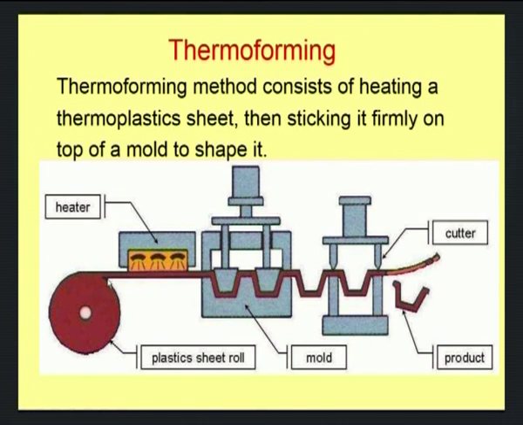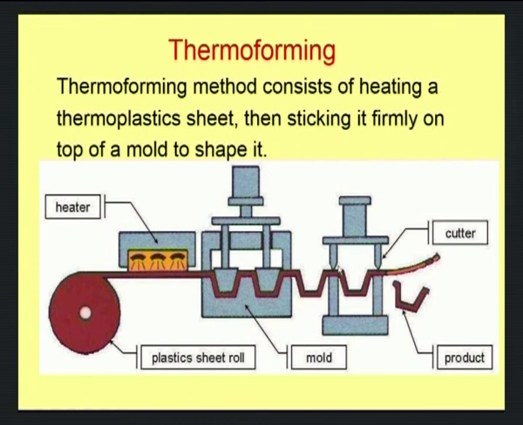Unlike the other processes, instead of plastic resin in the form of granules or pellets, here a plastic sheet is taken. Mostly it is taken in the form of a sheet molding compound. Now, it is passed through a heating arrangement where it will get softened. Next, it passes through the mold, and then it takes the shape of the mold, as shown here.